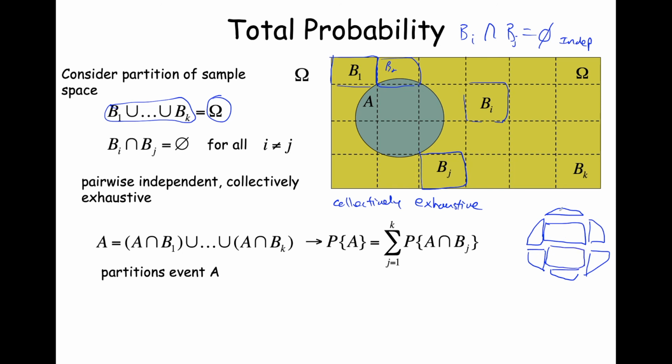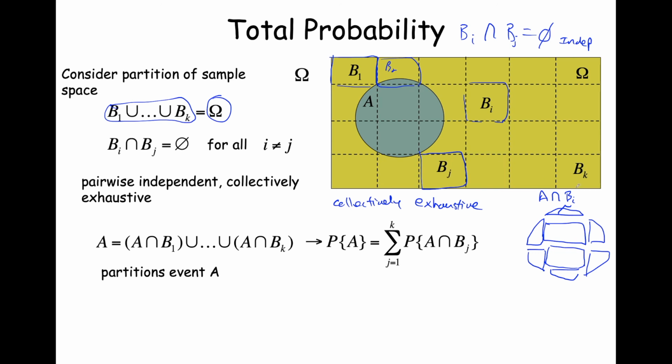And so each one of those pieces is A intersected with one of these B slices. Let's just call that B slice i. And so some piece of A will exist in each one of these B slices if we intersect the entire set of k many B slices with our complex event A.